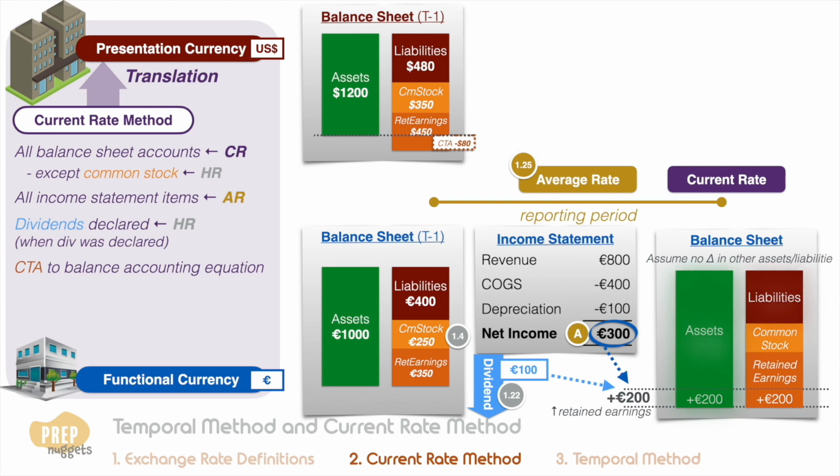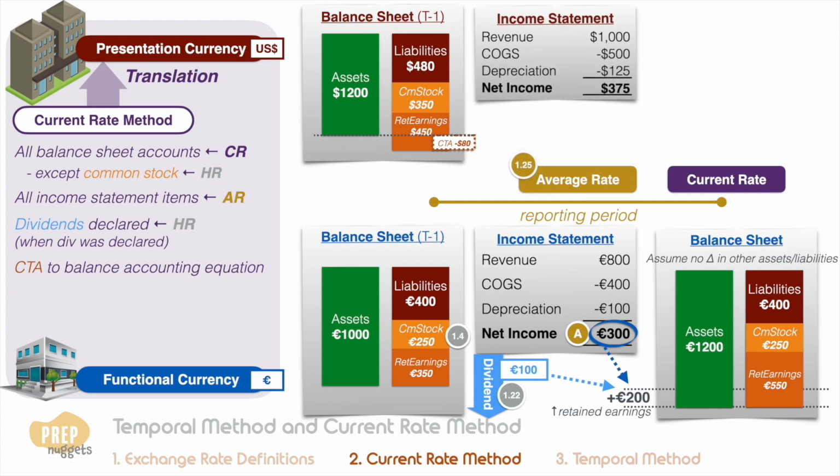The subsidiary's balance sheet in euros on the reporting date should look like this. Translated at the average rate of 1.25, the net income for the period was $375 and $122 of dividends paid. The increase in retained earnings in US dollar terms is therefore $253.